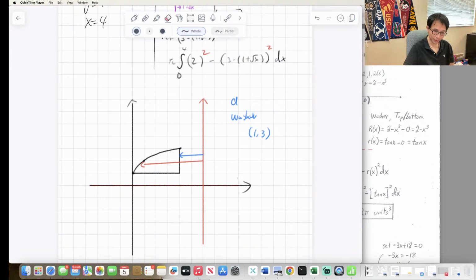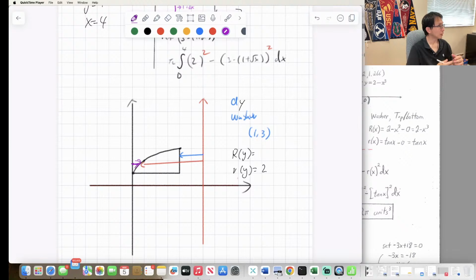Okay, so it's dy. Sorry, dy. Thank you. Now the problem is, what is big R of y? What is small r of y? Which one's easier, by the way? Small r. Which is what? 2. 2, right? Not 2 squared, just 2, because we can do r squared later. But the problem is the function is from here to here.